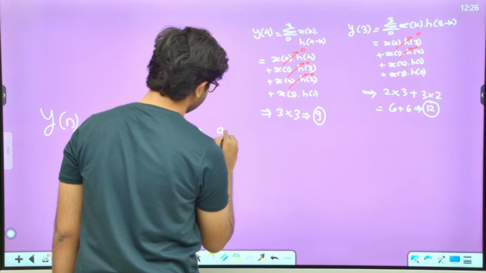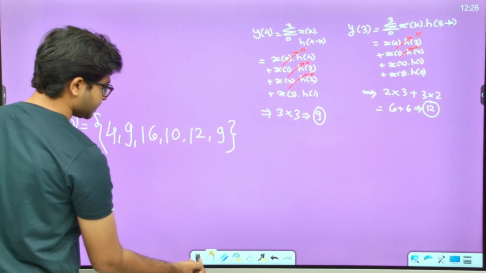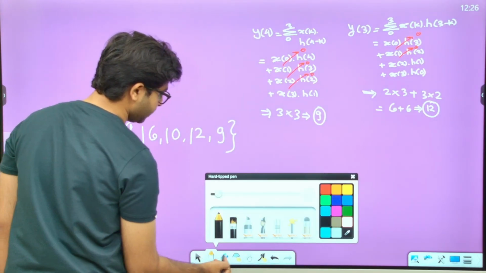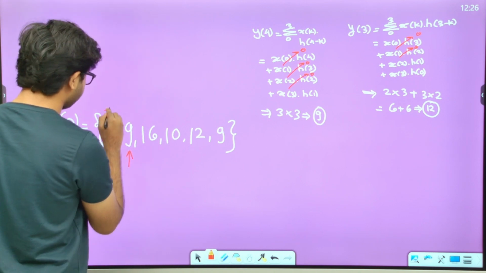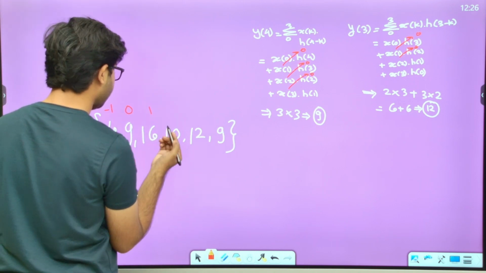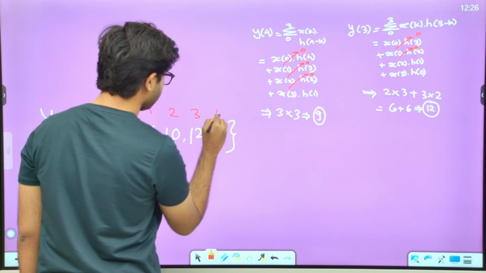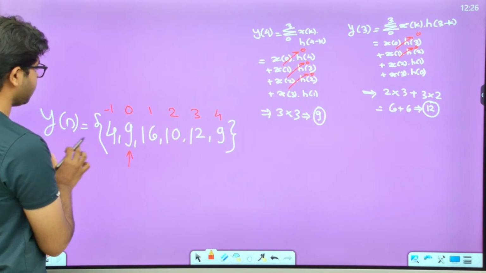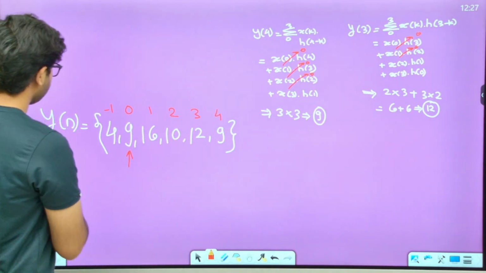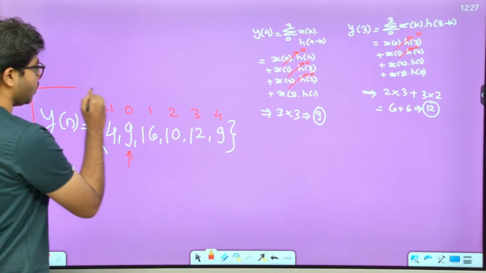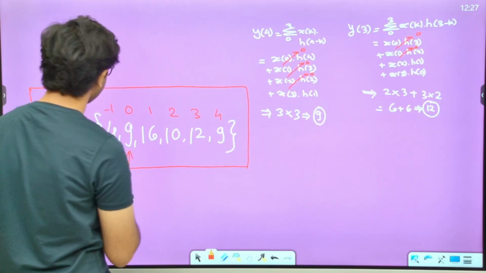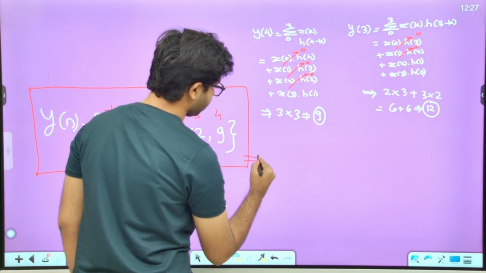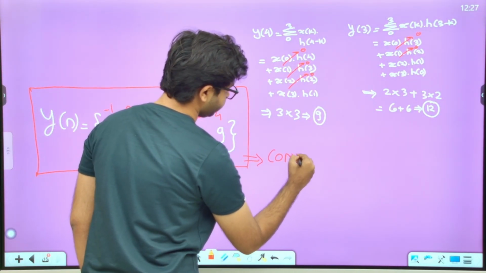The sequence starts from minus 1, so the arrow will be here. So this is minus 1, 0, 1, 2, 3, 4. Total 6 numbers we got with the convolution. So this is the final output. Okay, this is the y of n. This is the convolution.